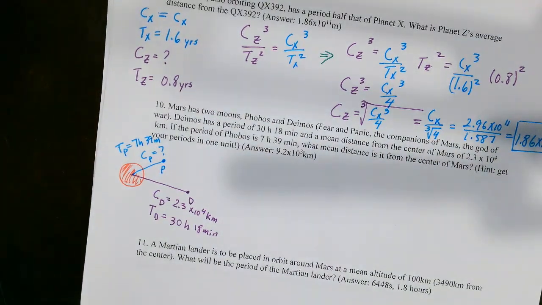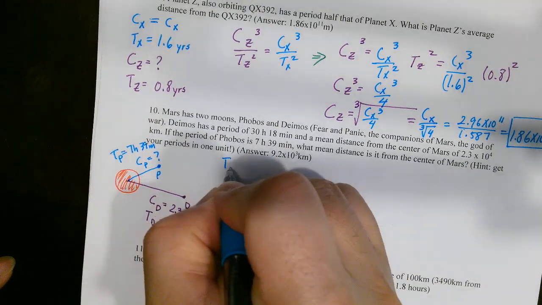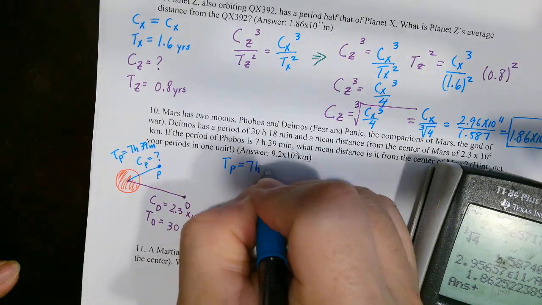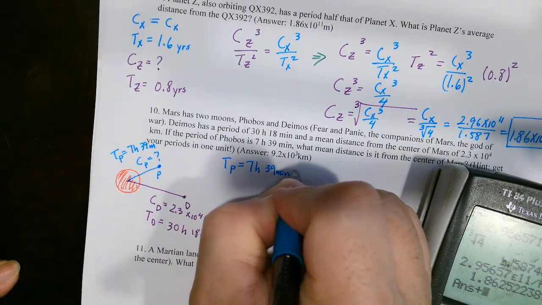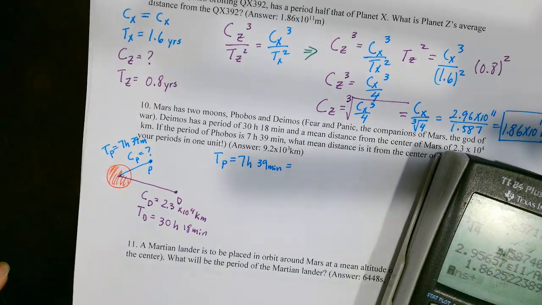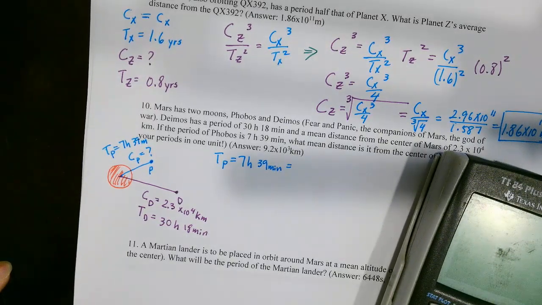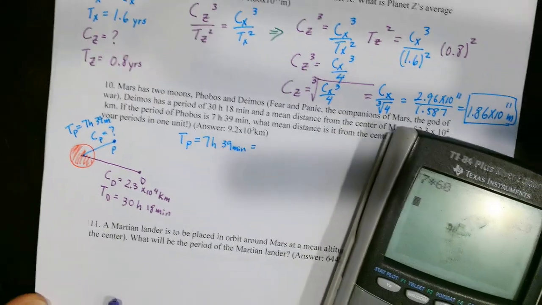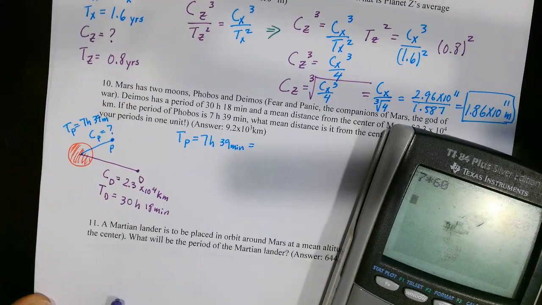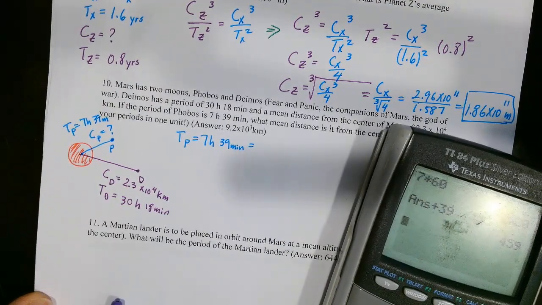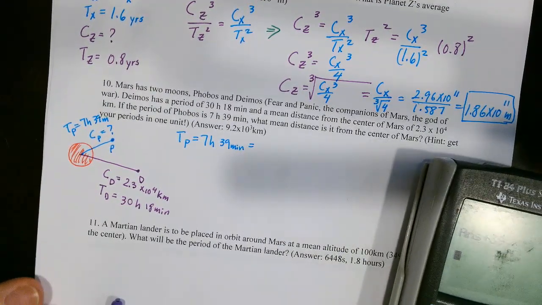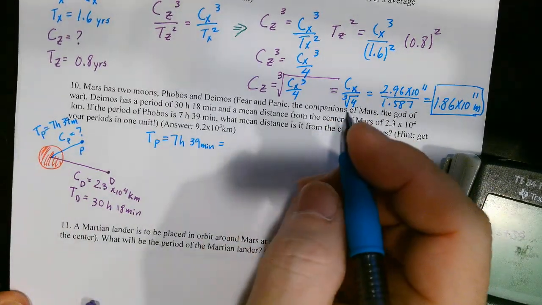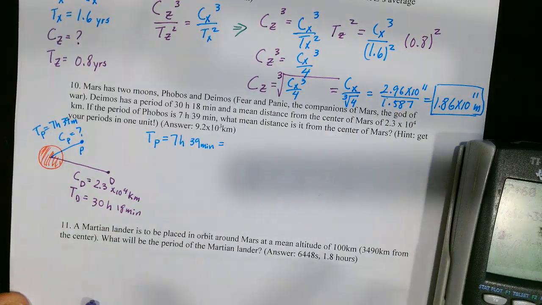So let's convert that. If we convert that, what do we get? 7 times 60, which is 420, plus 39, and we get 459 minutes. All right, so 459.